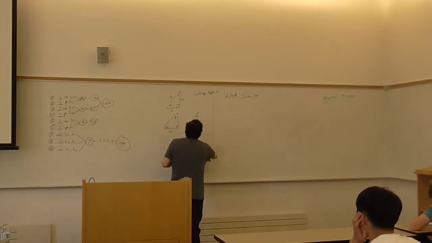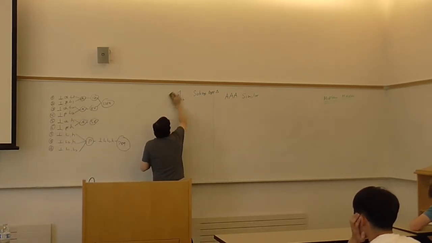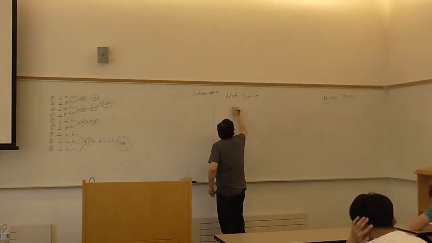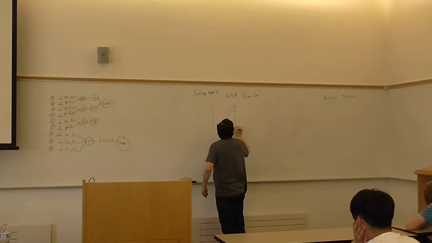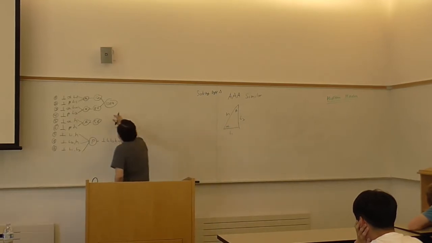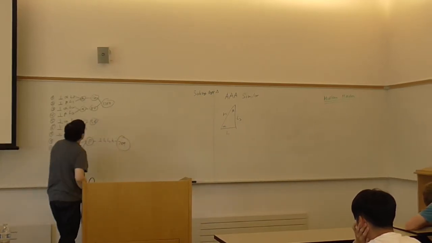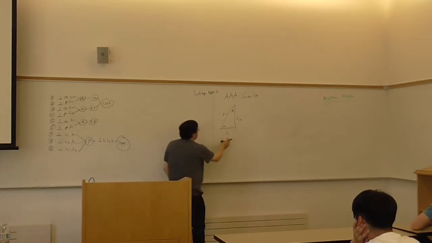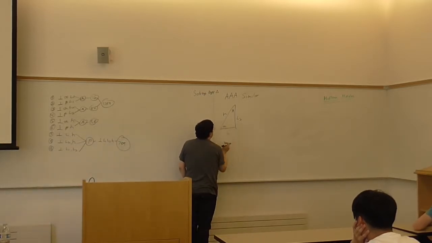All right, I want to go ahead and actually try to do something with this now. I guess I still need my diagram. Beta, L1. Okay, let's go at this one for a second. So I have a leg, and I have 2 angles, and I want to find some other component.